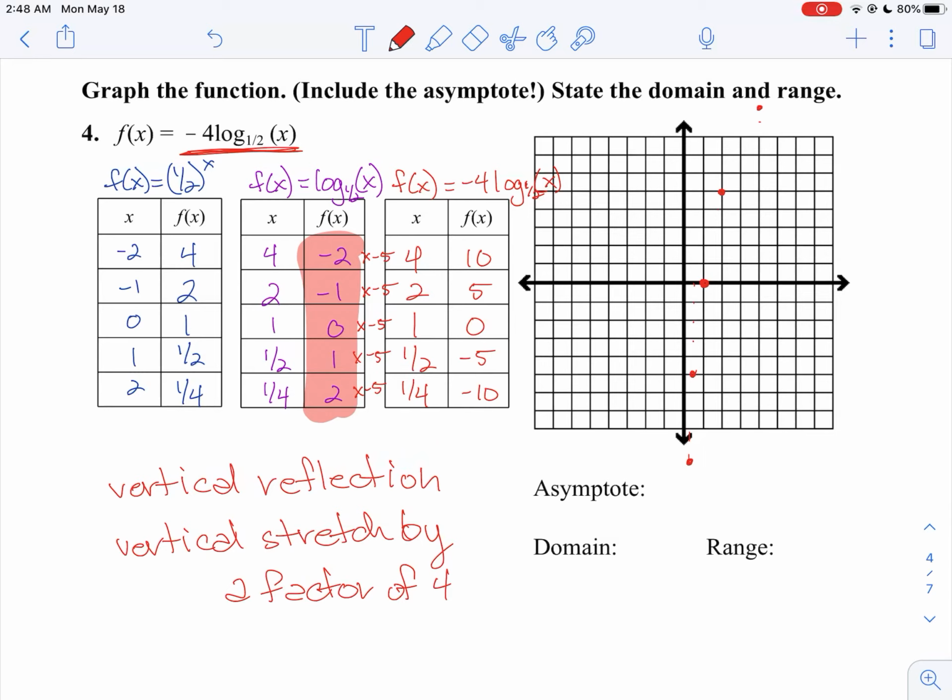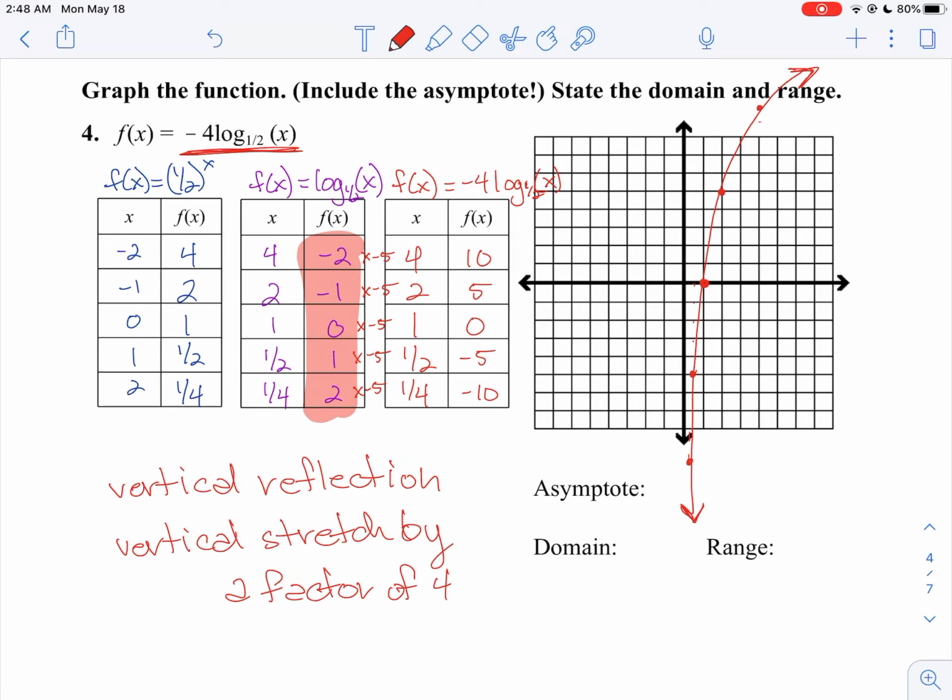So my logarithmic graph is upside down, and it's stretched vertically by a factor of 4. That's why it's so tall here. So remember, you always want this curving up slowly as it's going to the right, and then it's going down like this. I want to include arrows on both ends. And then I also need to put in my asymptote, because this graph did not move left or right any.